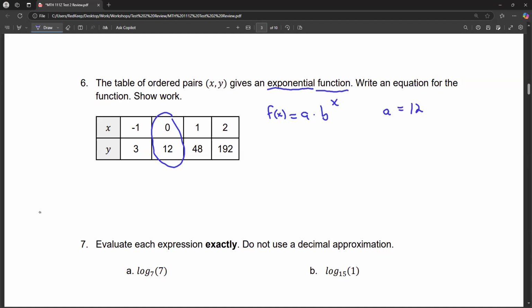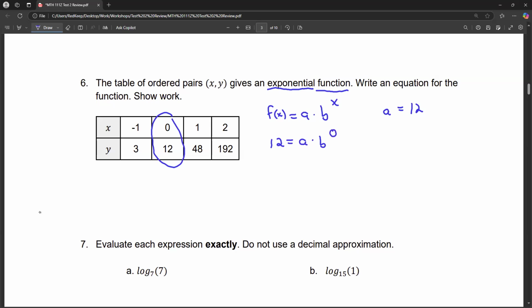That would be the output when x is equal to 0. But let me show you how to do that if you don't remember this rule. So again, it's very useful when they give us an x value of 0 for an exponential function. So the output is 12. That's the y value. And then we'll just do a for right now, and I'll show you that that equals 12. And then we'll have our b value. And again, we're using the x value of 0.